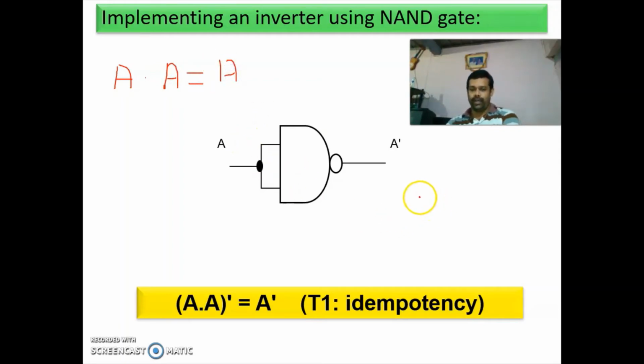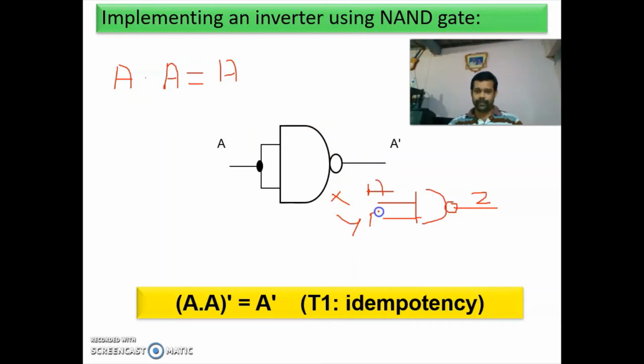So what we are going to do is this is NAND gate. NAND gate will be having two inputs, X and Y you take, and output as Z. So what we are doing is we are giving the same input A to both the inputs X and Y. So what is A into A?